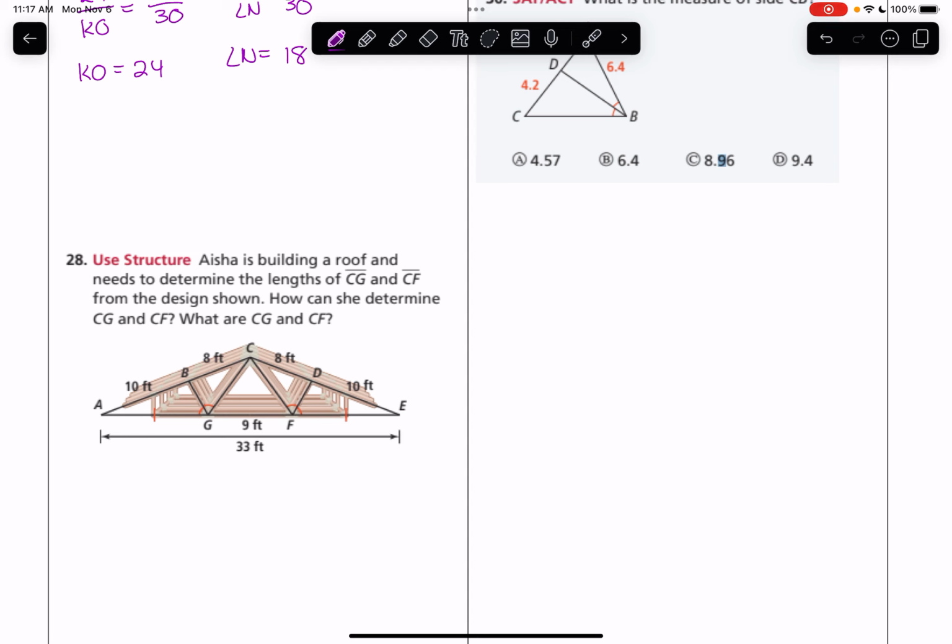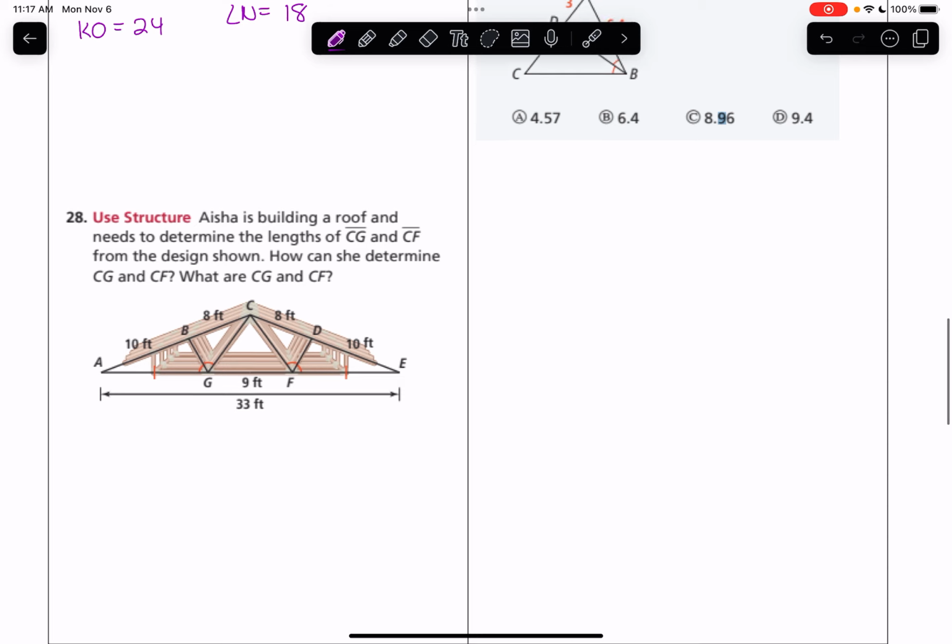Number 28, Aisha is building a roof and needs to determine the lengths of CG and CF from the design shown. How can she determine CG and CF? What are CG and CF? So how can she do it? She can use the triangle angle bisector theorem, because that's what we've got going on here.